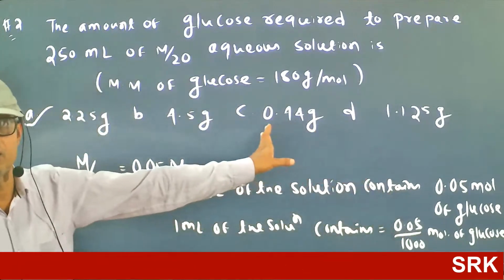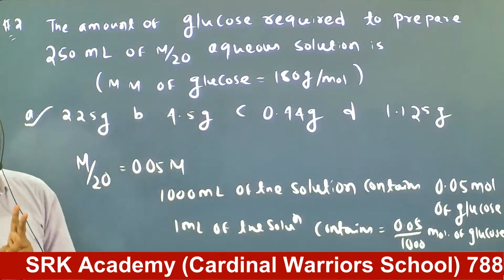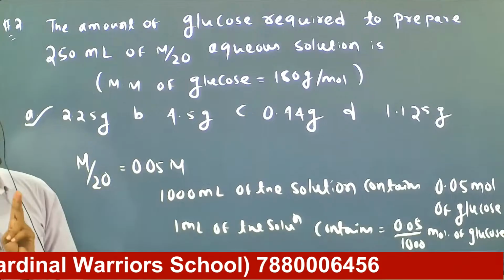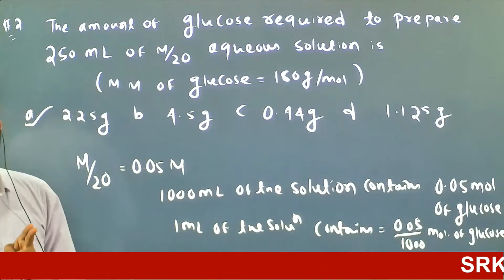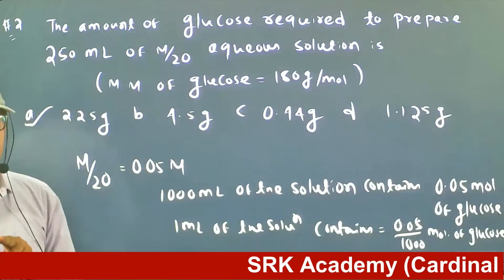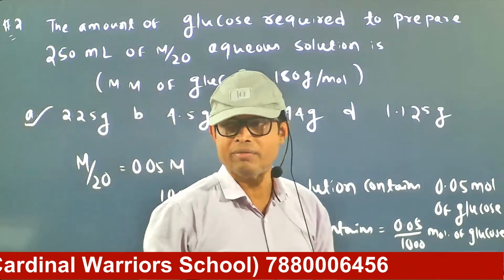Understood? M upon 20 means M stands for molarity. M stands for molarity, meaning number of moles of the solute present. If I say 1 M, it means 1 mole of the solute present in a liter of the solution.